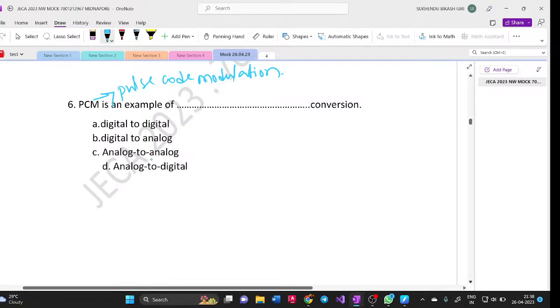Analog to digital, option D. Very good. Coil is right. Sabon is right. Momita is also right. Analog to digital.